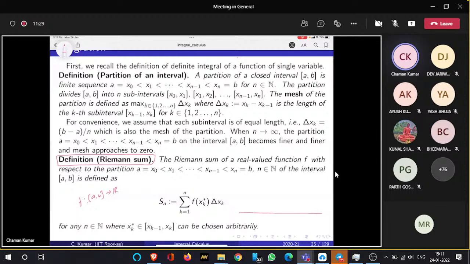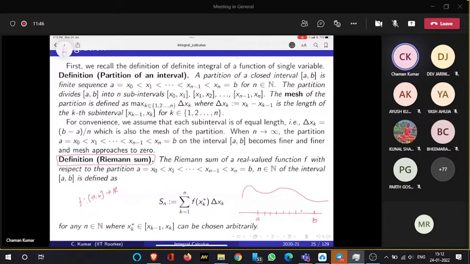So what we do is we partition this interval a to b into subintervals.